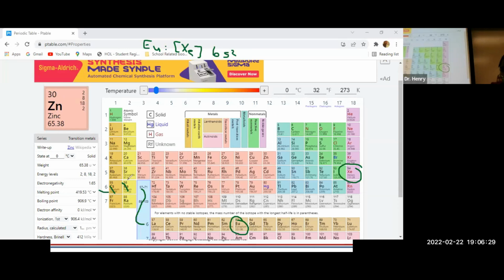And if you follow the atomic number, it'll keep you from doing silly things, right? 6s2, then 1, 2, 3, 4, 5, 6, 7, so 4f7. You guys see that?